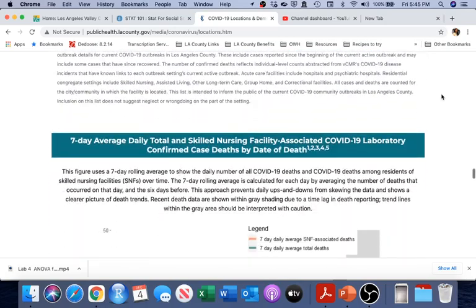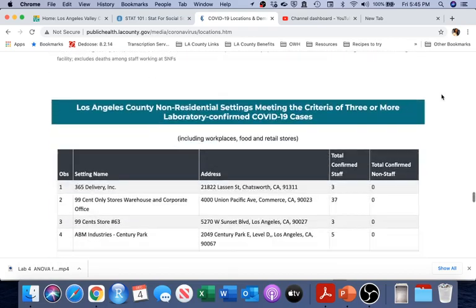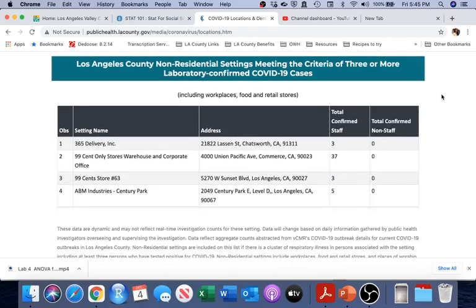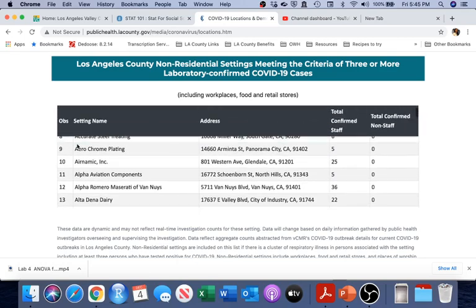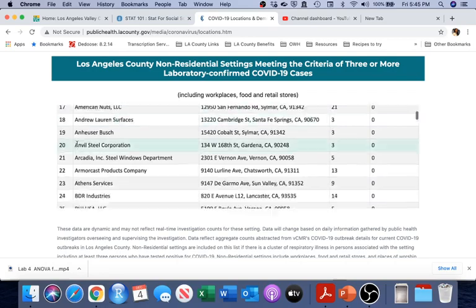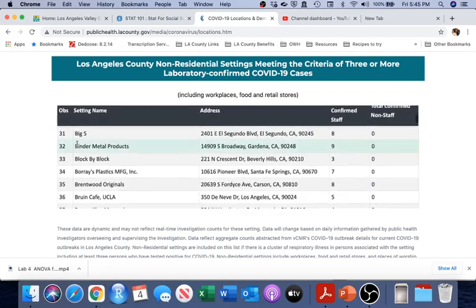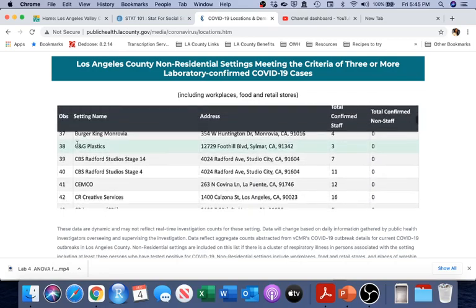But what I thought would be the most interesting for our class to look at is outbreaks within non-residential settings where the criteria is 3 or more laboratory confirmed COVID-19 cases. So pretty much where there's 3 or more staff that are positive, and it lists every single place or work site where that happens. Okay, so I have that.